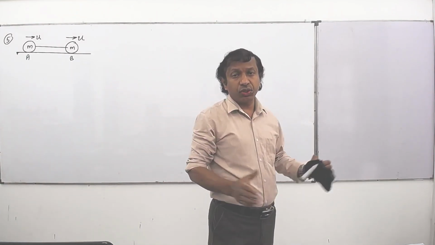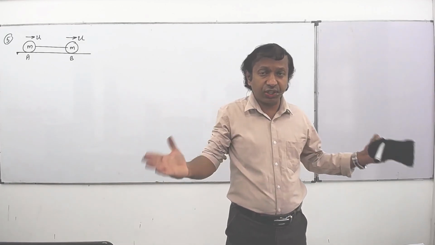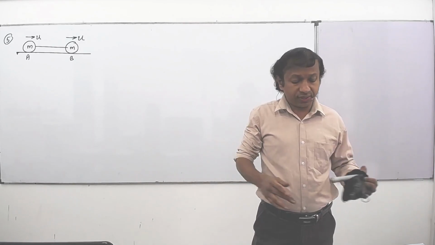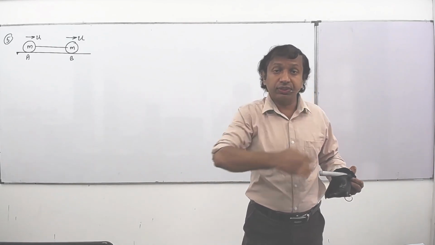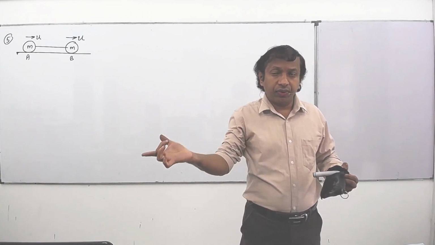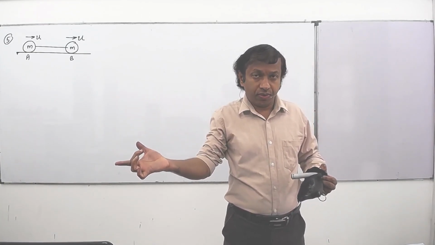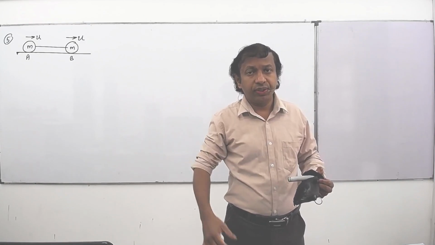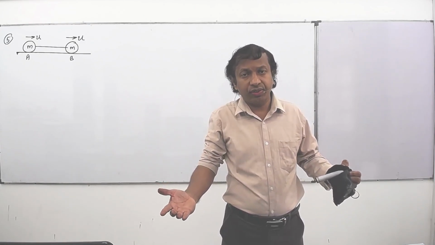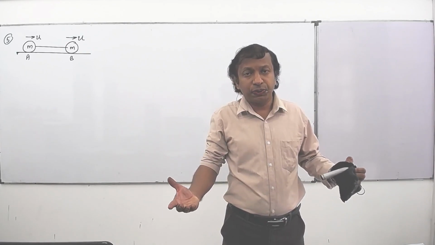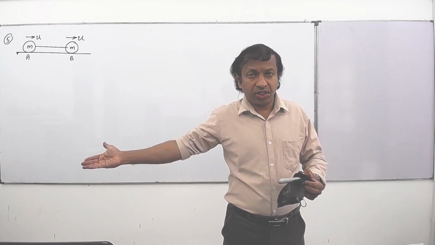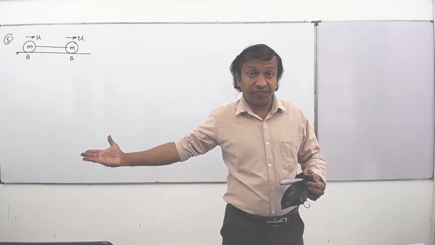Once the string is taut, stretched to its natural length, if its front moves with a certain velocity, the rear end should also be moving with the same velocity. Say, in a train, when the train moves, the velocity of the engine and the last compartment should be the same, acceleration, everything like that.